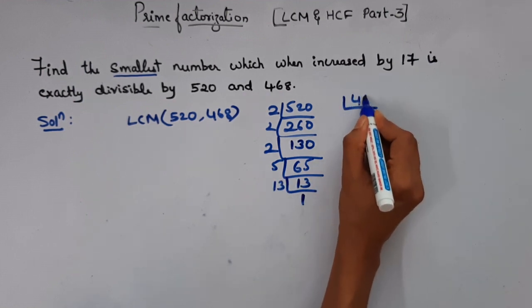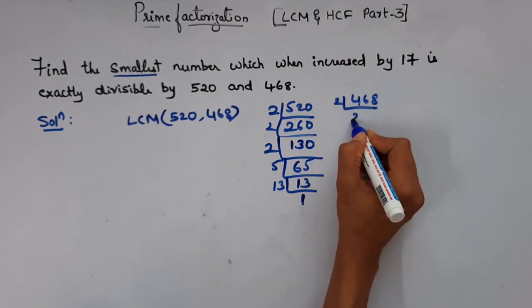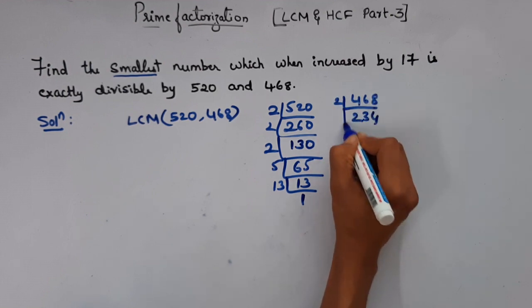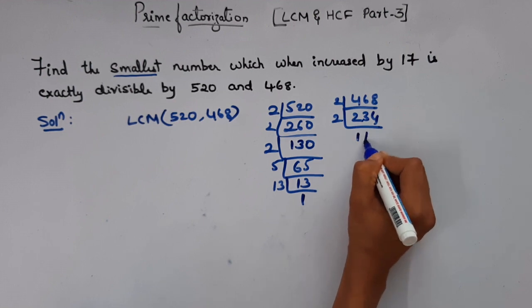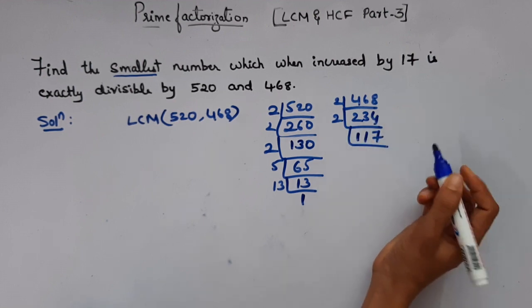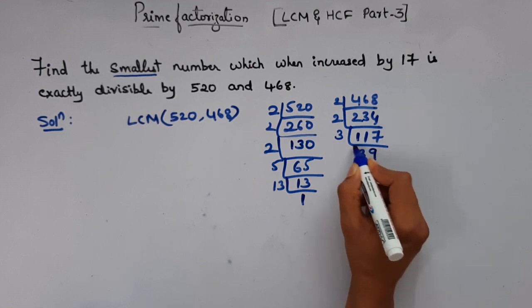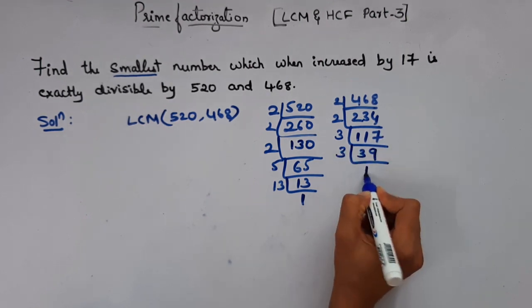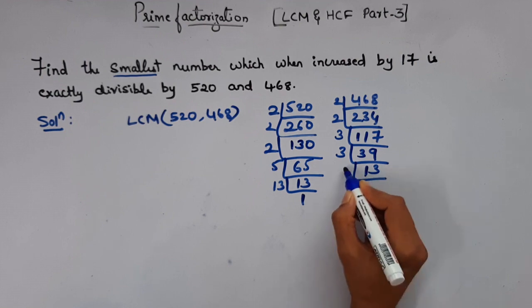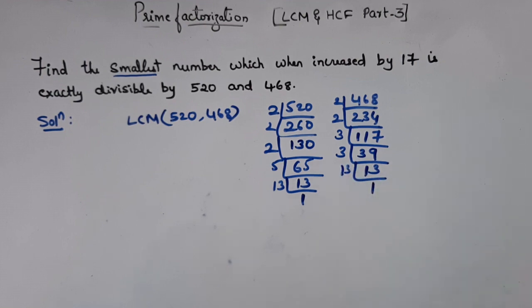Now let's go to 468. 2 2s are 4, 2 3s are 6, 2 4s are 8, 2 1s are 2, 2 7s are 14, 3 3s are 9, 3 9s are 27, so 3 1s are 3, 3 3s are 9, and 13 is a prime number, so 13 1s are 13.